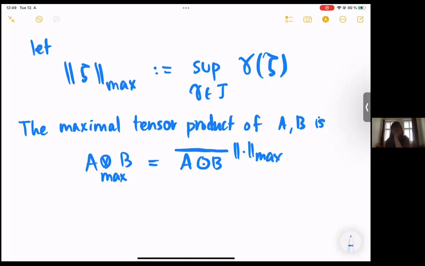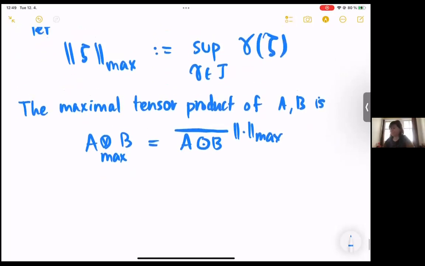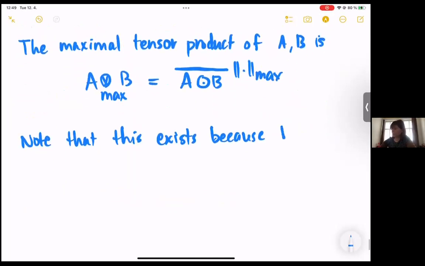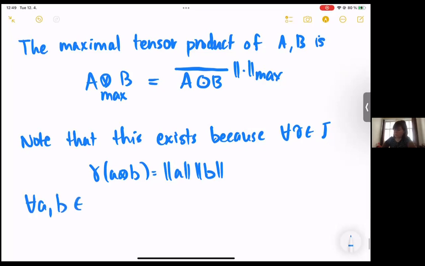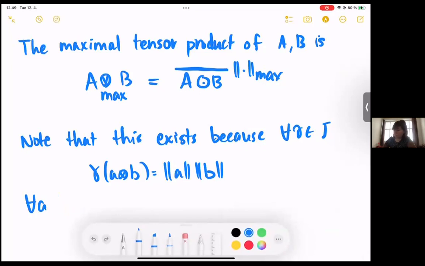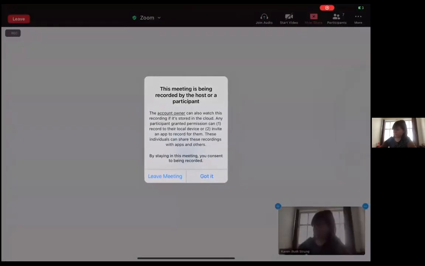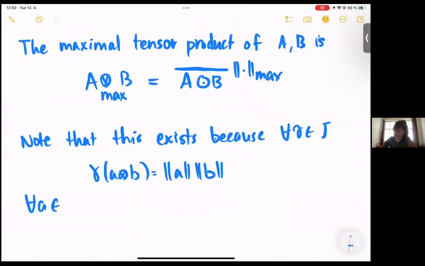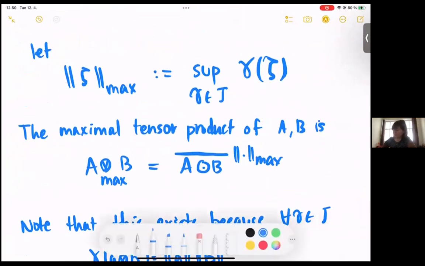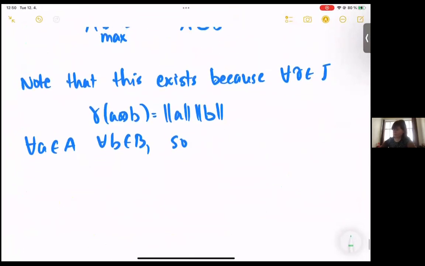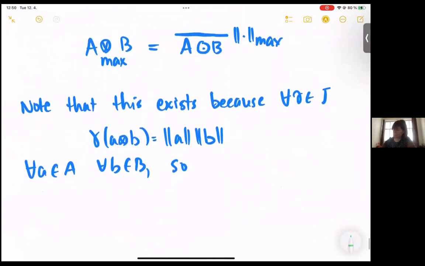Okay, so why does this max even exist? Well, that's because we saw that for any A and B, indeed, this is bounded.